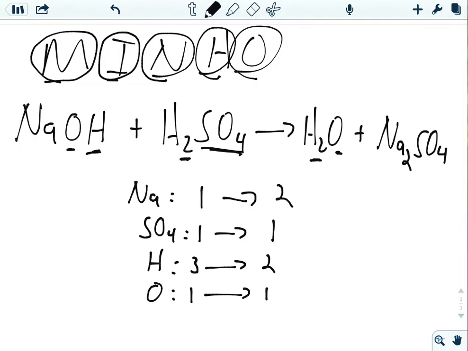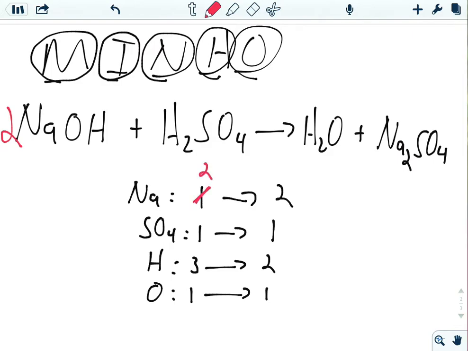Okay, so what I'm going to do is follow my MINHO order and balance everything out. I will start with my metals. My metals that are not balanced are the sodiums. I see that I have 2 on my product side and only 1. To fix that, I will add a coefficient of 2 in front of my sodium hydroxide, which changes this to a 2.